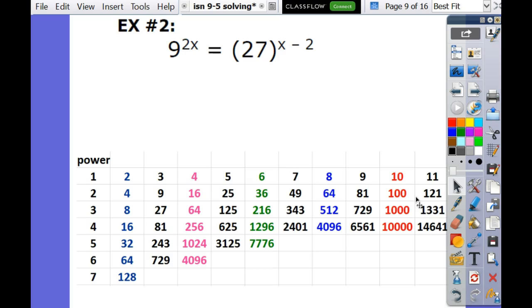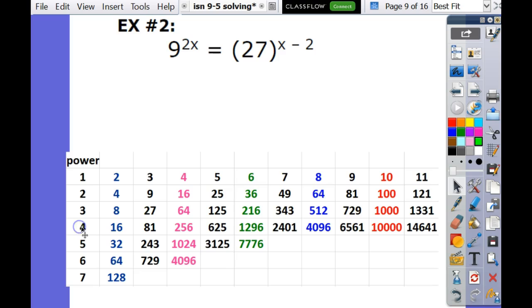Now, this chart is different than a regular multiplication chart, because on a regular multiplication chart, you would say something like 4 times 3 is 12. Well, that's not what this does. This isn't a multiplication chart.